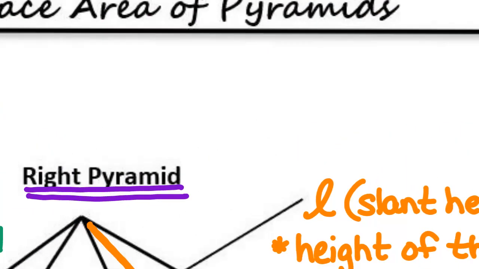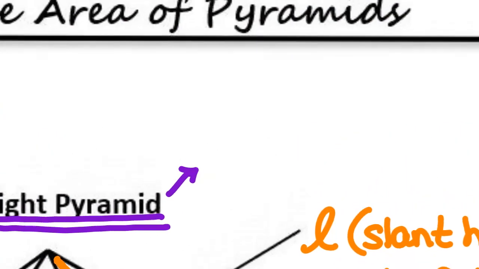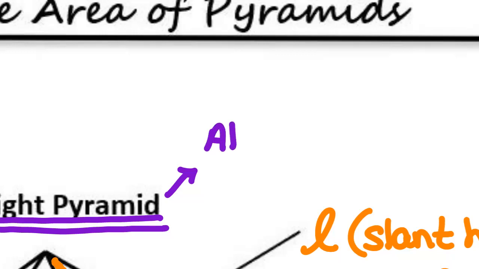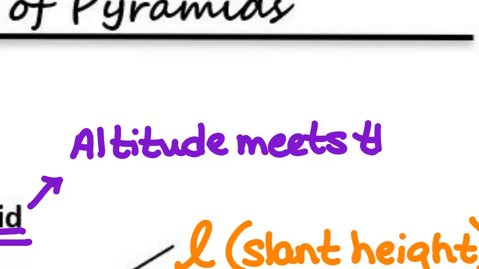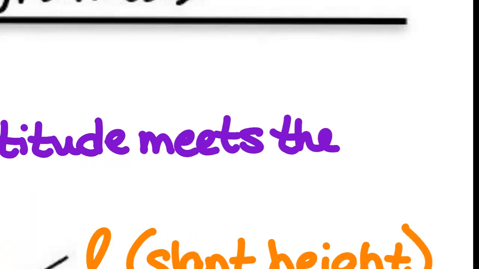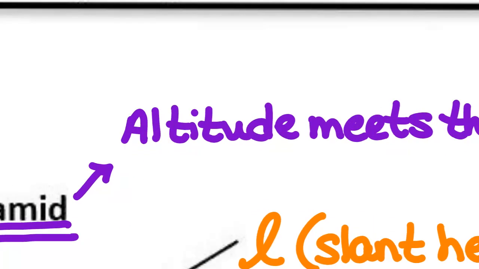In order to be a right pyramid, that means that the altitude meets the base at the base's center.